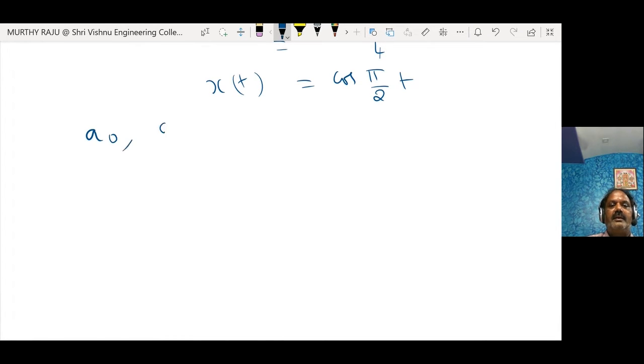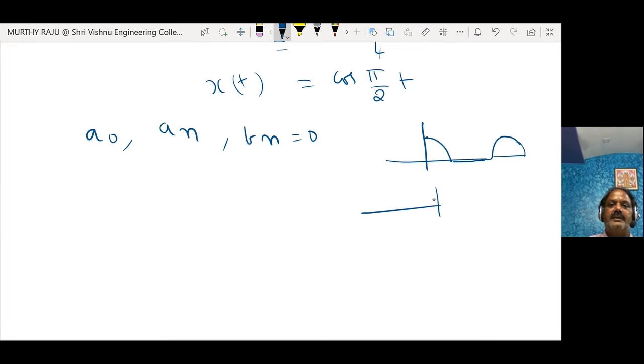a naught, a n, b n: b n is equal to 0 because of symmetry. This is the even symmetry. On the positive side, the waveform looks like this, and on the negative side, the waveform looks the same. So x of t is equal to x of minus t.